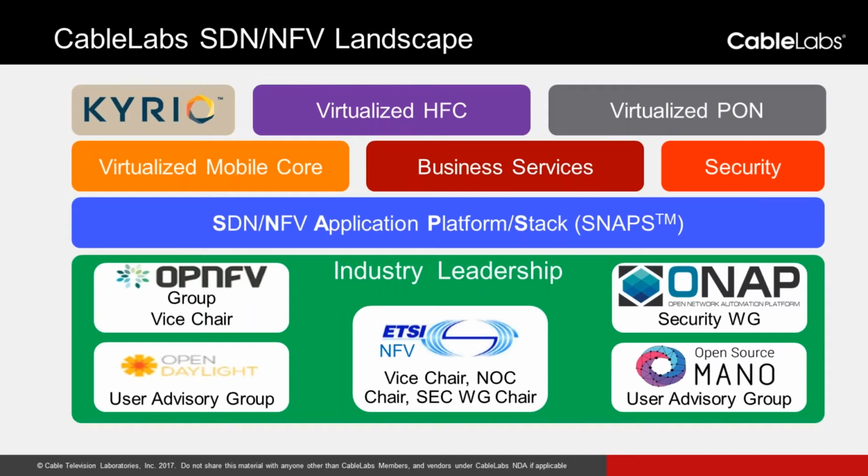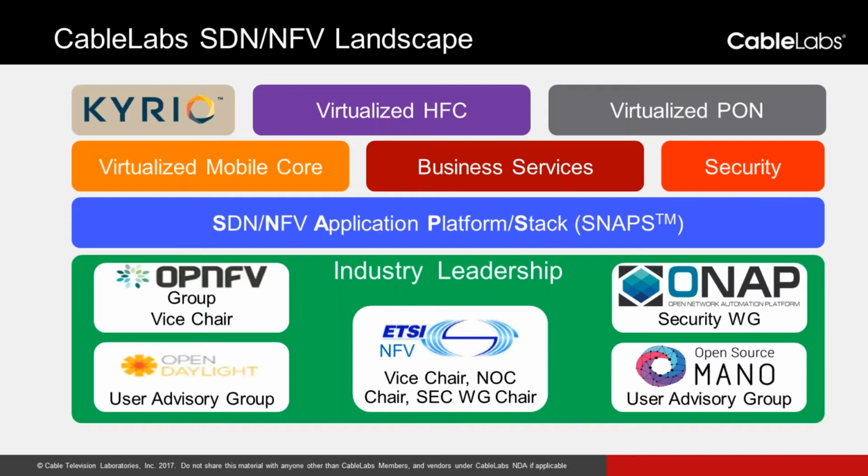And on top of this stack, we have spun up an NFV interop lab, and that's actually where the demo with Intel and CASA was built. We've virtualized our access network for HFC as well as for fiber. We're looking at several business services use cases. SD-WAN is a leading use case there.